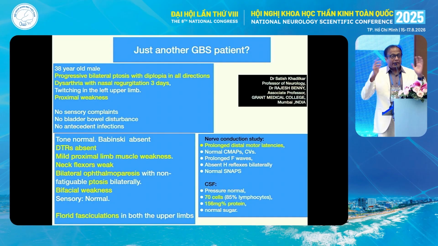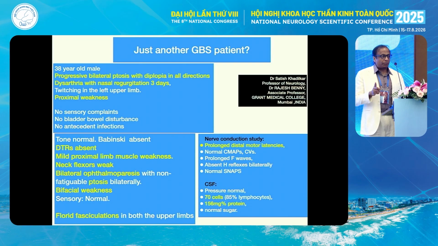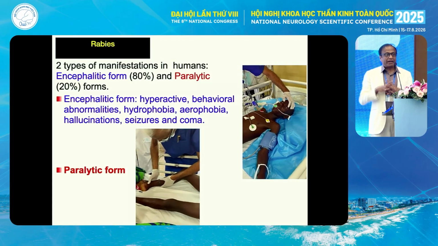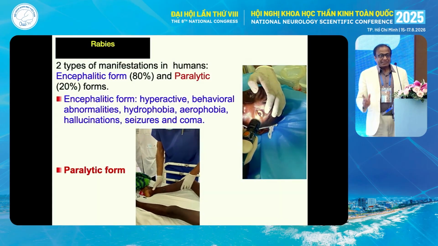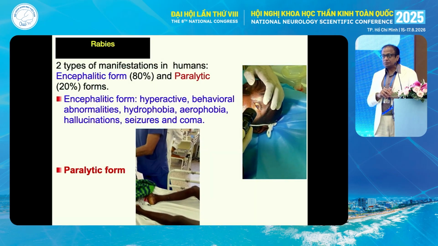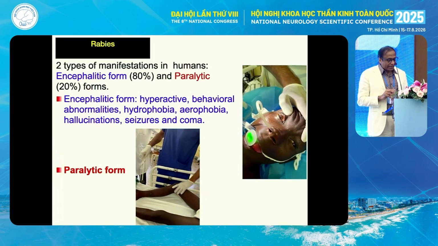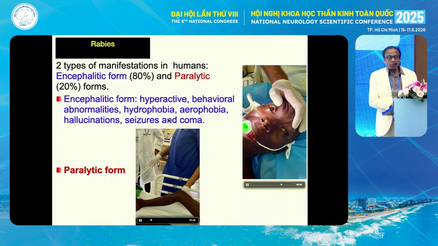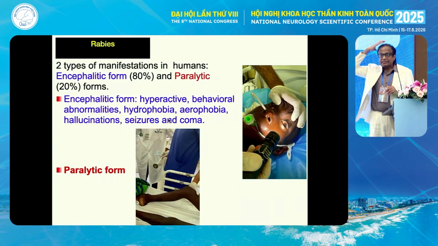And then when they took the history, the parents reported that a few weeks ago, the boy had a dog bite. A street dog bit him. So this is the first time I've seen a case of a pure paralytic form of rabies. Now, this patient that I saw in Ghana has got the classic form of rabies, which is encephalopathic.